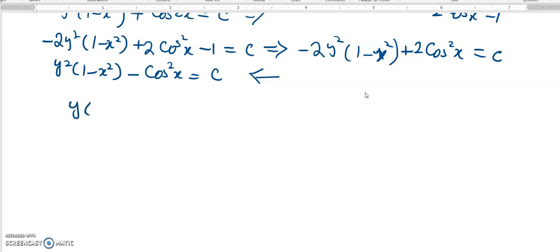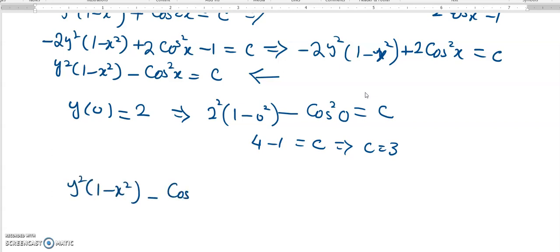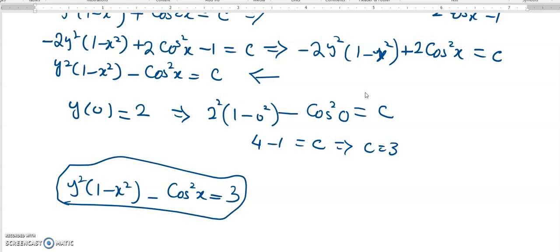So put y equal to 2 square into 1 minus x, where x is 0, minus cosine square of 0 is equal to c. So from here you have 4 minus 1, since cosine of 0 is 1, so the value of c will be equal to 3. So the particular solution is y square into 1 minus x square minus cosine square x is equal to c. So this is the particular solution.